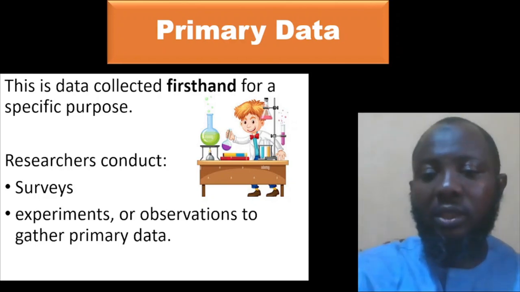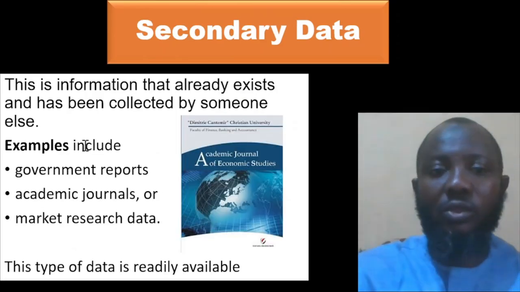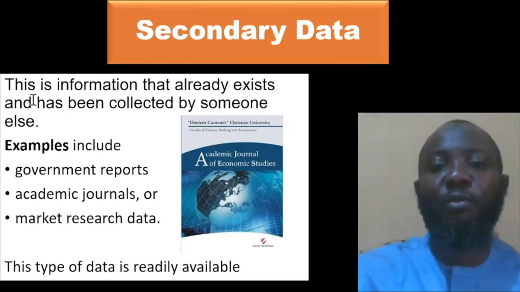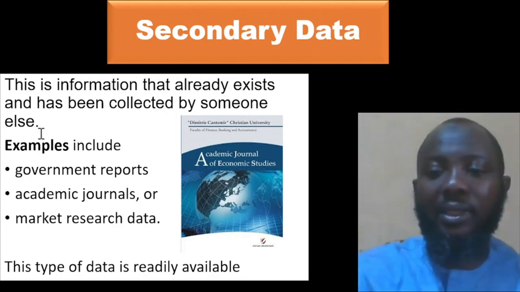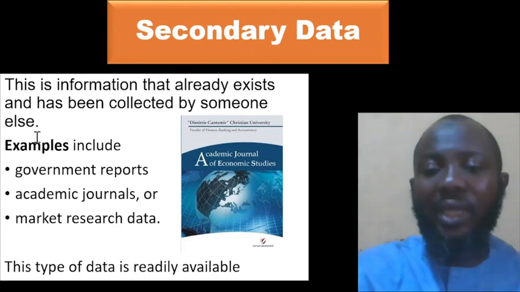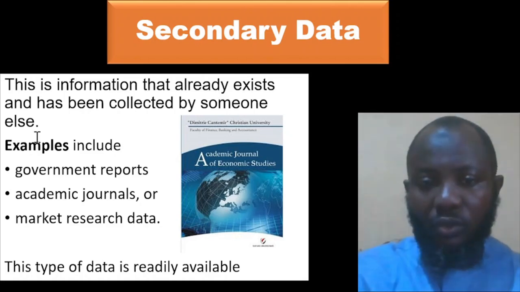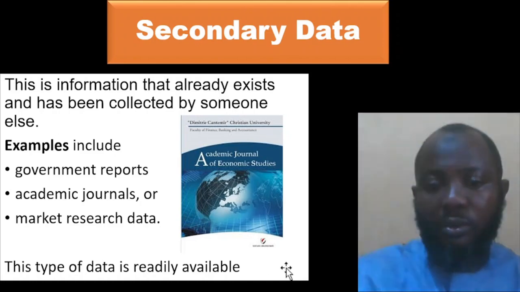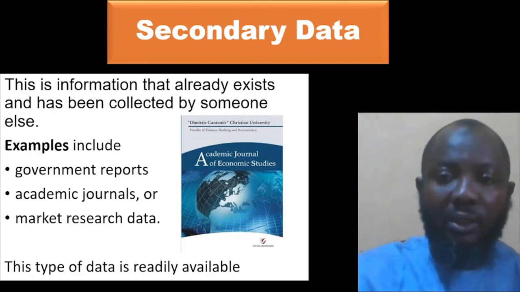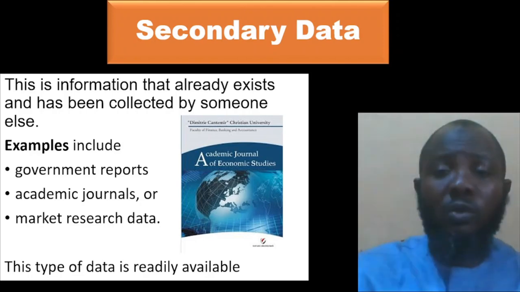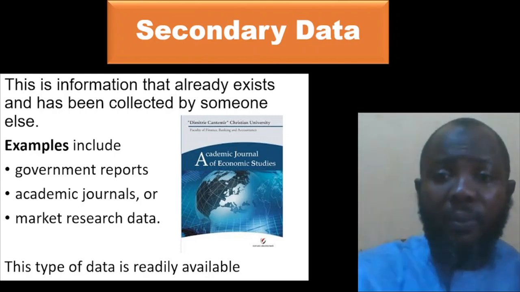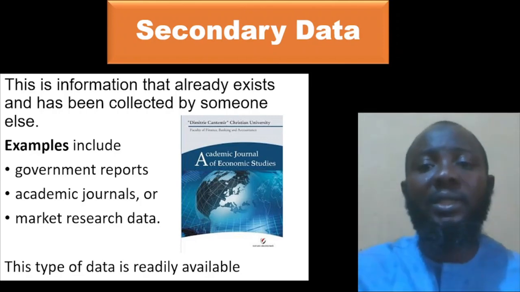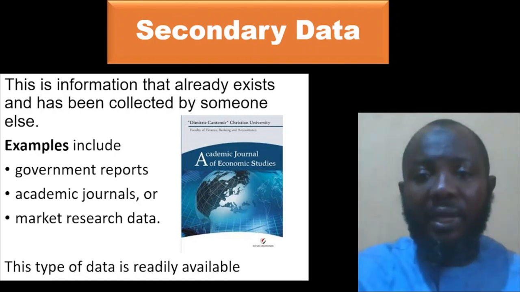All right. So the next one is secondary data. Under secondary data, this is information that already exists and has been collected by someone else. I said that. So someone has worked on it, someone carried out the investigation, the survey, the questionnaire, or the experiment in the laboratory and documented the details, everything, the findings.